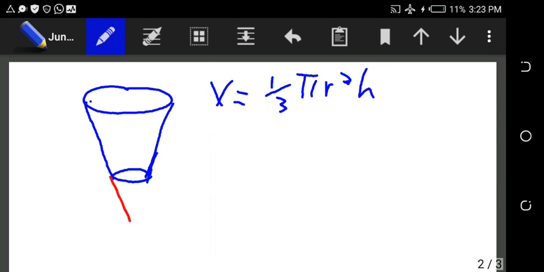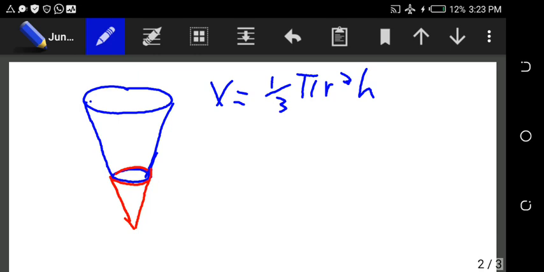So if I eventually complete this diagram, I am having a complete cone.